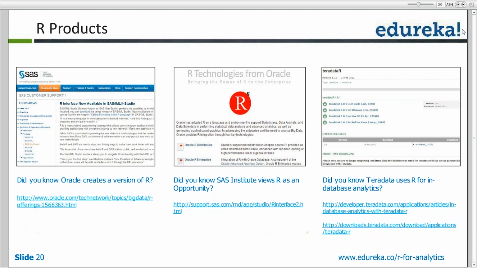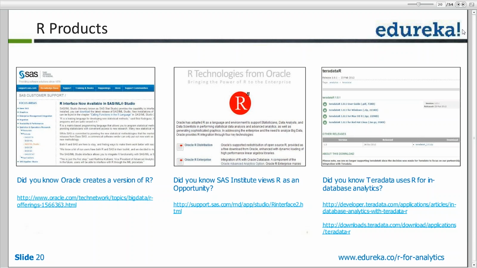So this is a very interesting development. And the SAS Institute, in fact, views R as an opportunity and not as a threat.